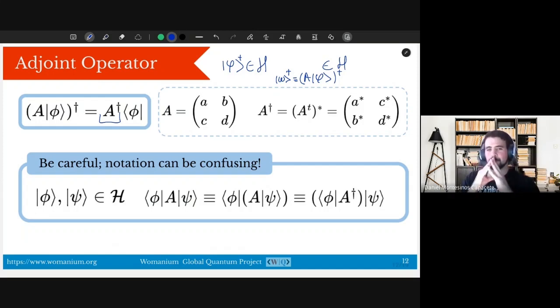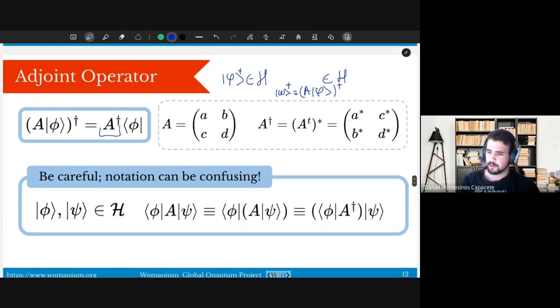Here I'm going to define this in an easy way, not the most precise or the most mathematically correct way to define it, but it is the way we are going to use it in quantum computation.